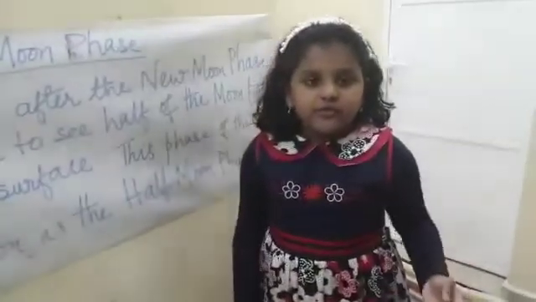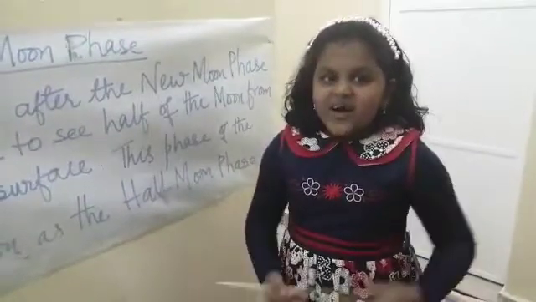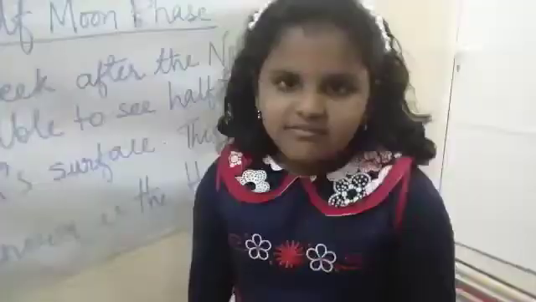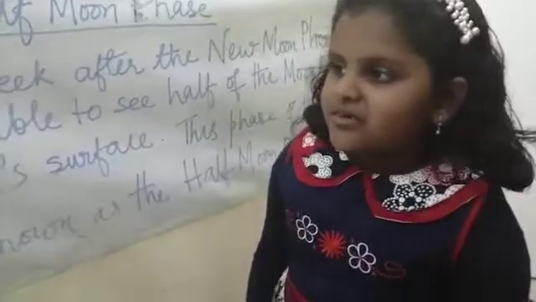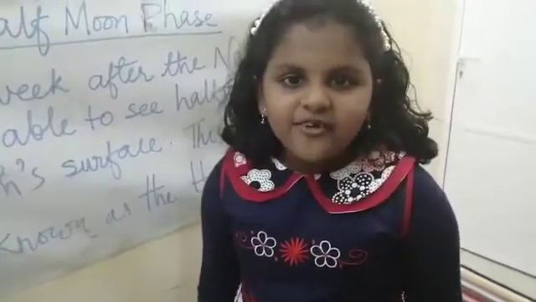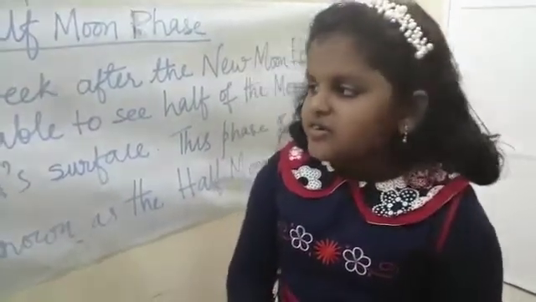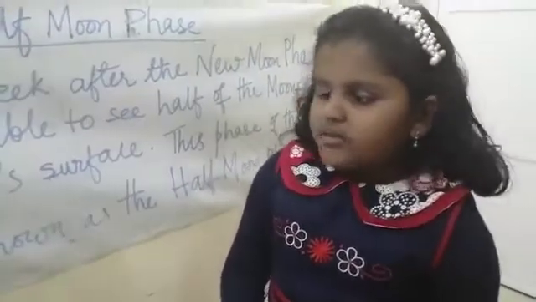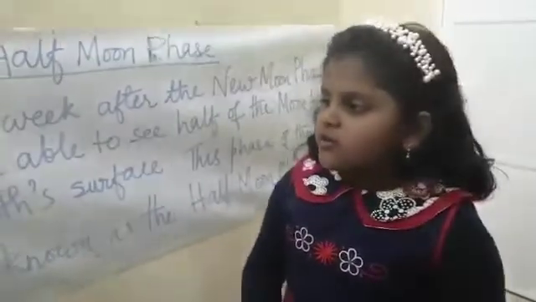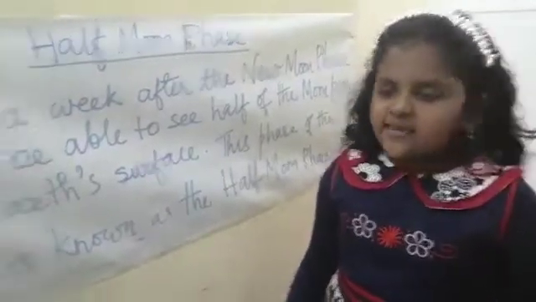Now let us move to the fourth phase of the moon, that is full moon phase. Before moving to the fourth phase of the moon, I forgot to show you how the moon looked during the half moon phase.